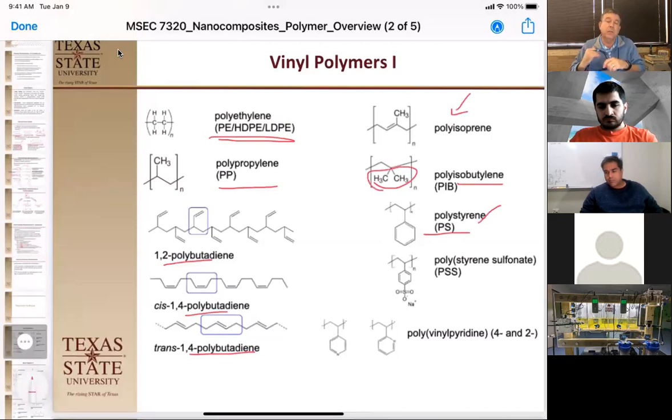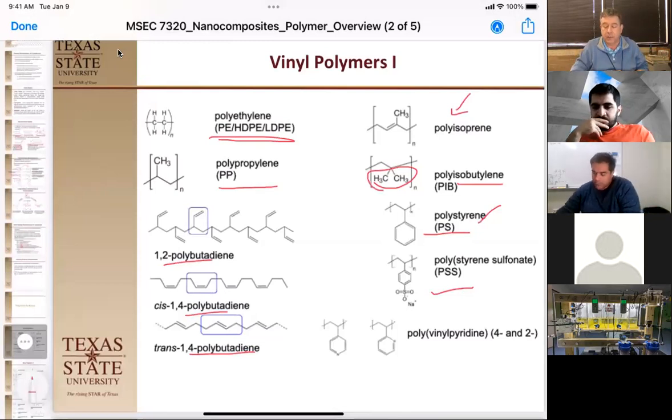But now we have 2 polymers at the end here that are actually unique in the fact that they can be made to be water soluble. Polystyrene sulfonate is water soluble in itself. So if you have something that you want to disperse into water, this would be one of the polymers that you would want to act as a dispersing agent. And then the polyvinyl pyridines, and there's a nitrogen here and there's a nitrogen here.